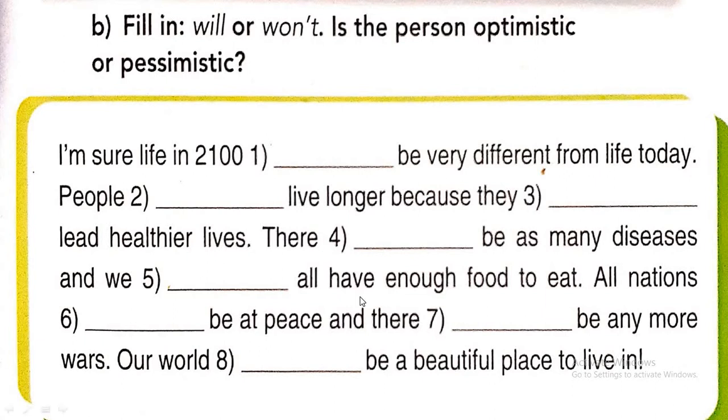Good. Now let me give you the answer. I am sure life in 2100 will be very different from life today. People will live longer because they will lead healthier lives. There won't be as many diseases, and we will all have enough food to eat.